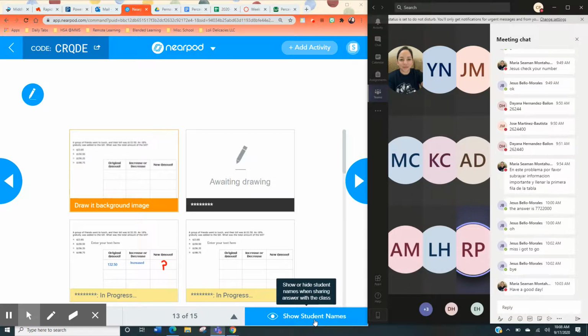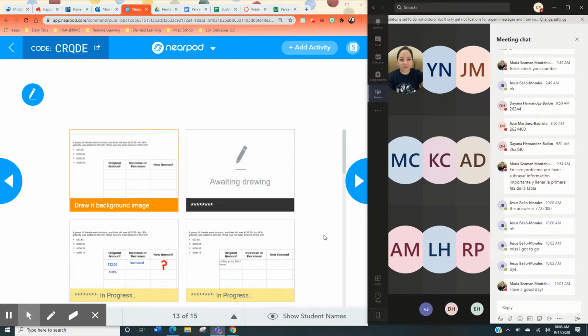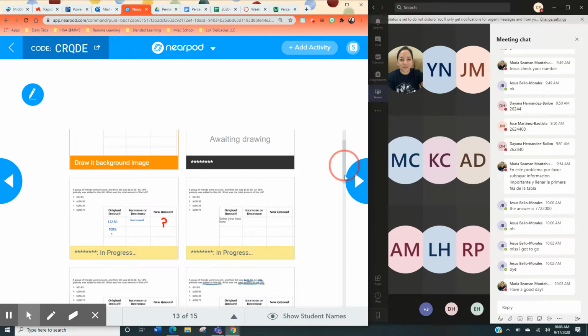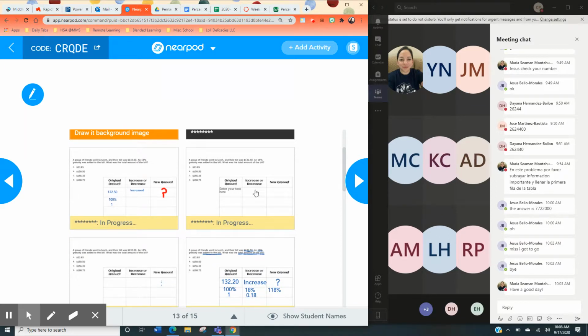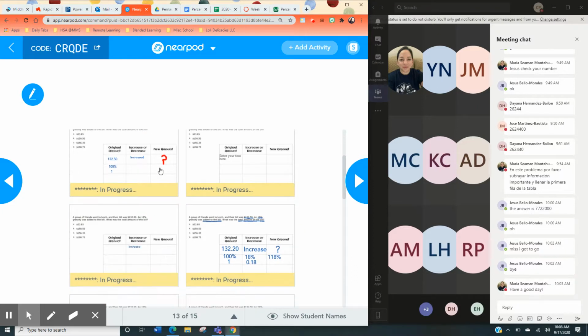Okay, you're 18% to a decimal, so you're going to take your percent and you're going to divide it by 100. Anytime you have a percent that you want to change to a decimal, you divide by 100. These are looking good.